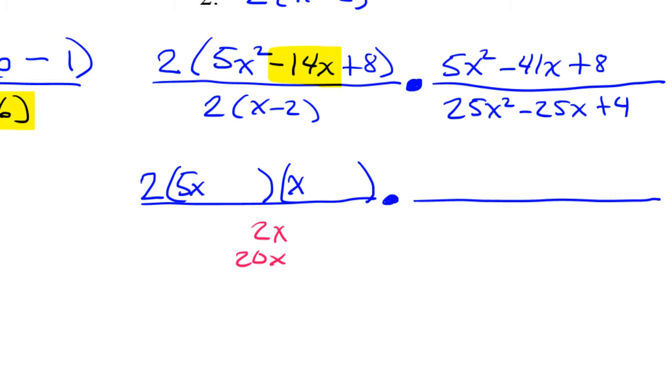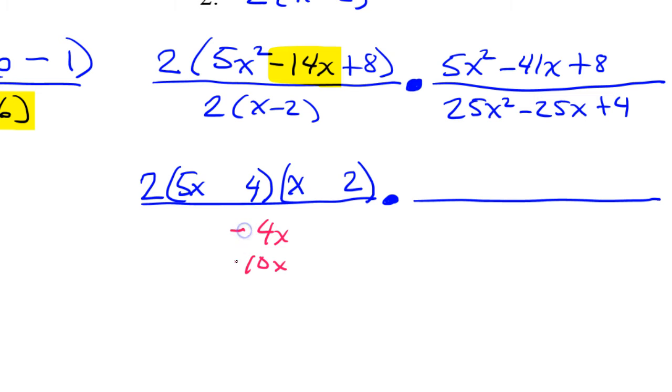So this is not working out so far. Let's try it the other way around. Let's try 4 and 2 instead. Inner, I have 4x. Outer, I have 10x. I'm trying to get negative 14. This is looking good.